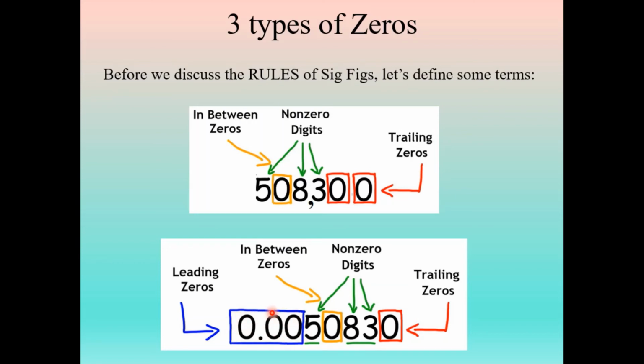Again, these leading zeros are very different than the in-between 0 here, the 0 that's between the 5 and the 8, and we have a trailing 0 at the end. All these zeros look like zeros, but they are very different when it comes to significant figures. So when we get to the rules of significant figures, we'll see how to handle these 3 types of zeros.